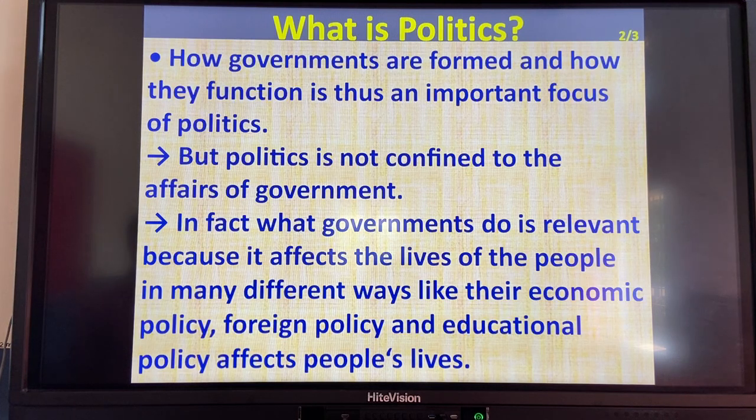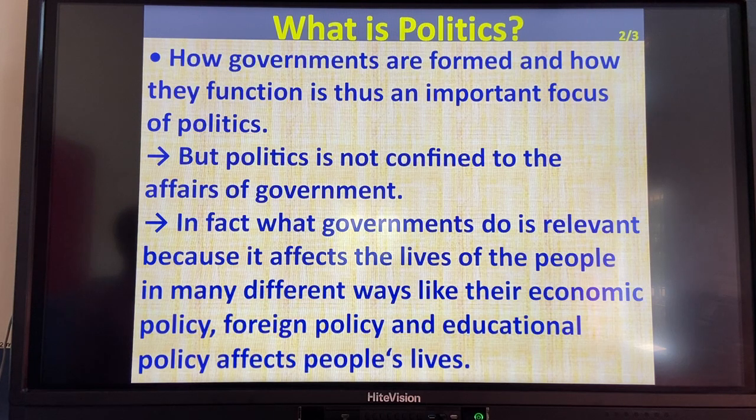How governments are formed and how they function is thus an important focus of politics. But politics is not confined to the affairs of government.